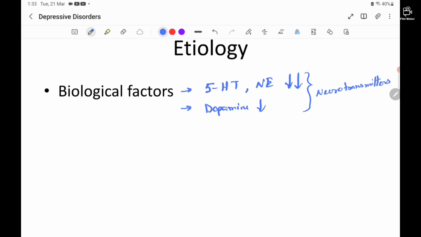Apart from that, there are hormonal factors, like overactivity or hyperactivity of the hypothalamic pituitary axis.